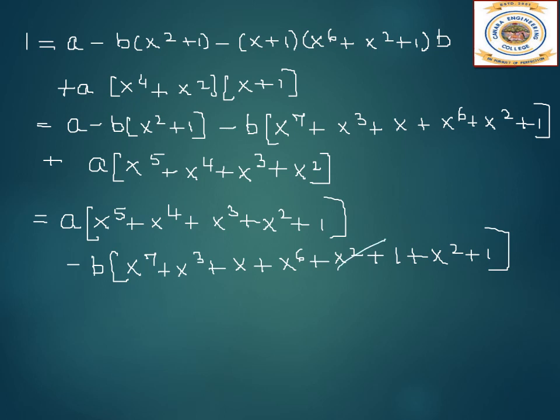So x square and x square, we get 2x square, so 2 more 2 is 0, 1 plus 1 is 2, more 2 is again 0.